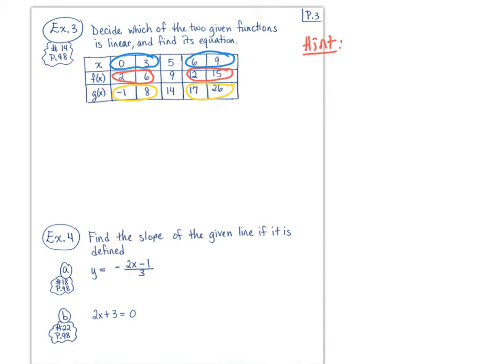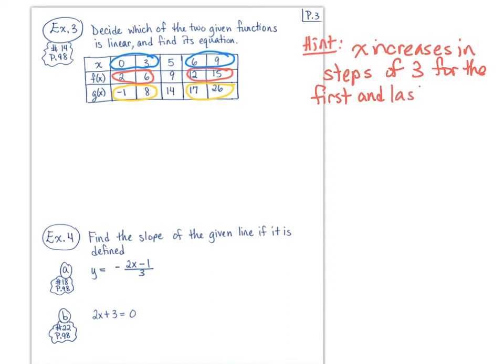Because x increases in steps of 3 for the first and last pairs, but f of x does not increase in equal steps.